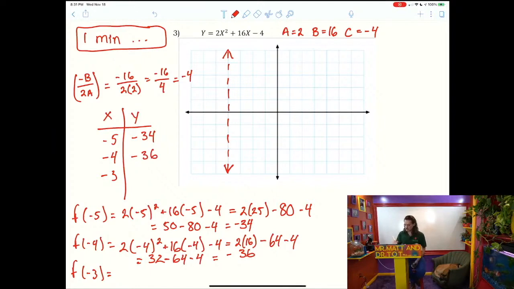So we're going to get 2 times negative 3 quantity squared plus 16 times negative 3 minus 4.